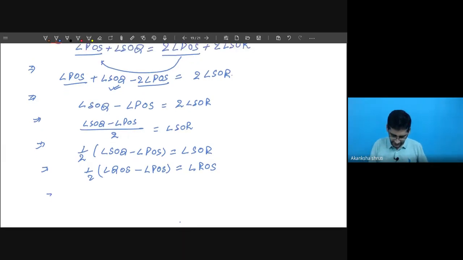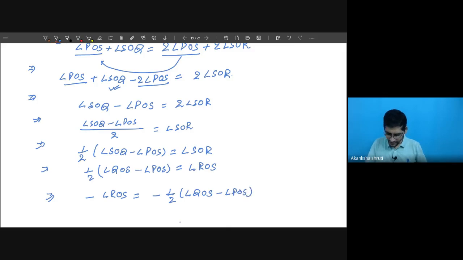Or if you want to rewrite it, bring this to the negative. On the left hand side it becomes negative. On the right hand side, the term also becomes negative, and minus minus gets cancelled. So minus angle ROS is equals to, this entire term means everything with minus will be there, angle QOS minus angle POS is there.